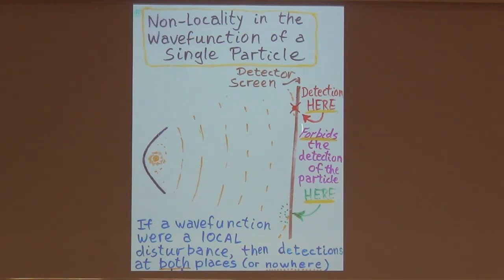The detection here prevents it from being detected down here. But there's no signal from here to here that can say, whoops, I've seen it, too late for you to see it. That signal would have to travel faster than light. So there's something non-local about even this in the representation of quantum mechanics when you start making measurements.